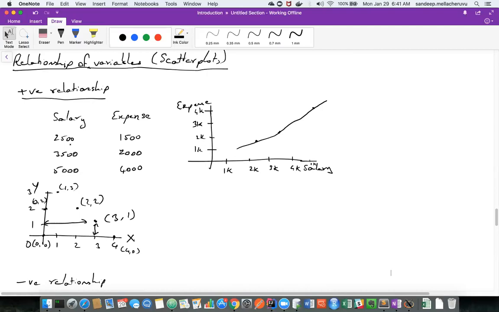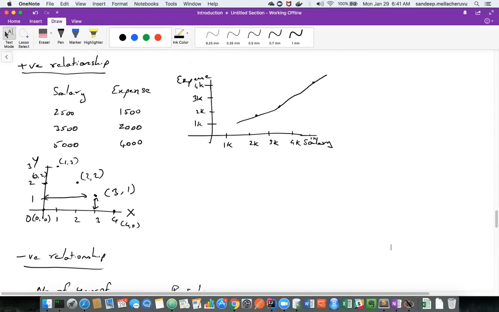It's called purchasing power. Your purchasing power will increase as your salary increases, so in that case, expense will also increase. Of course, there are some people whose expense will stay at a moderate level even if their salary increases. But I'm not talking about that. I'm just talking in general.